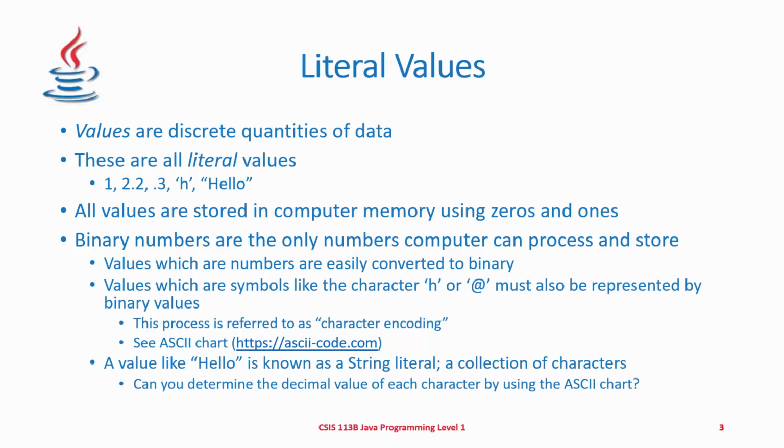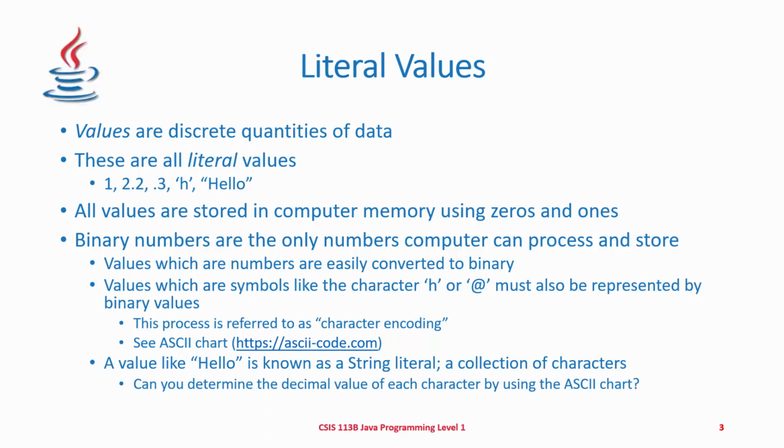In the examples that we see there, there's a whole number, there's a couple of numbers with decimal places, then we have a character, and then we have several characters or a word. And so all of these different values, whether they be whole numbers or numbers with decimal places in them, single characters or words, they all need to be stored in a computer's memory at some point, and that is done by using zeros and ones.